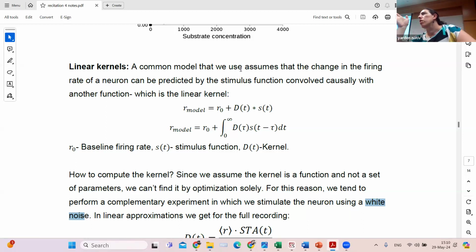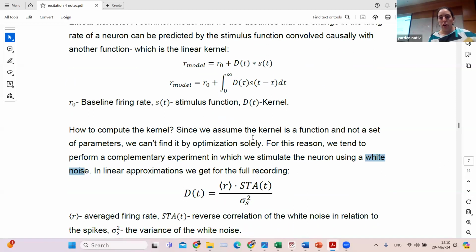You can take something longer before, 300 milliseconds before and 100 after, until you find the right one that gives you the best SNR. There is no strict rule. It depends on the neuron. In the motor system, for example, I would use something which gives more after.